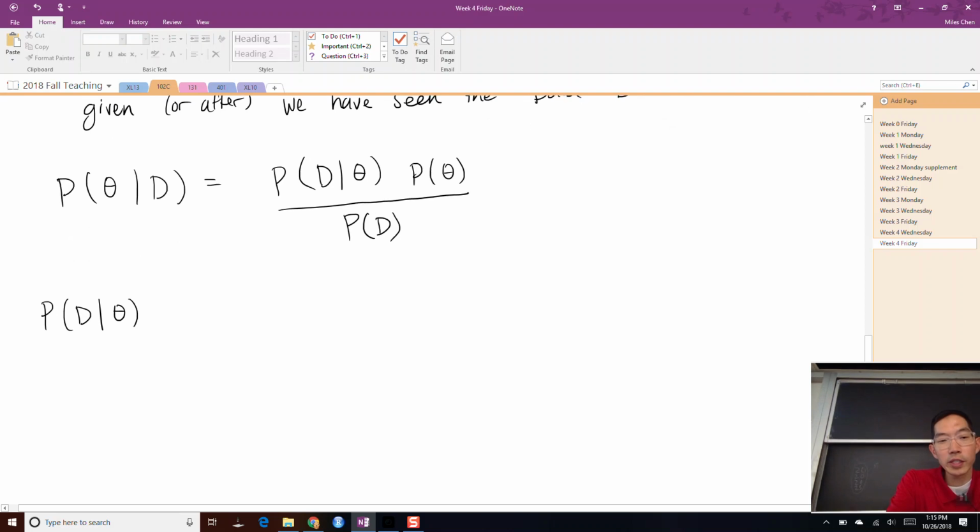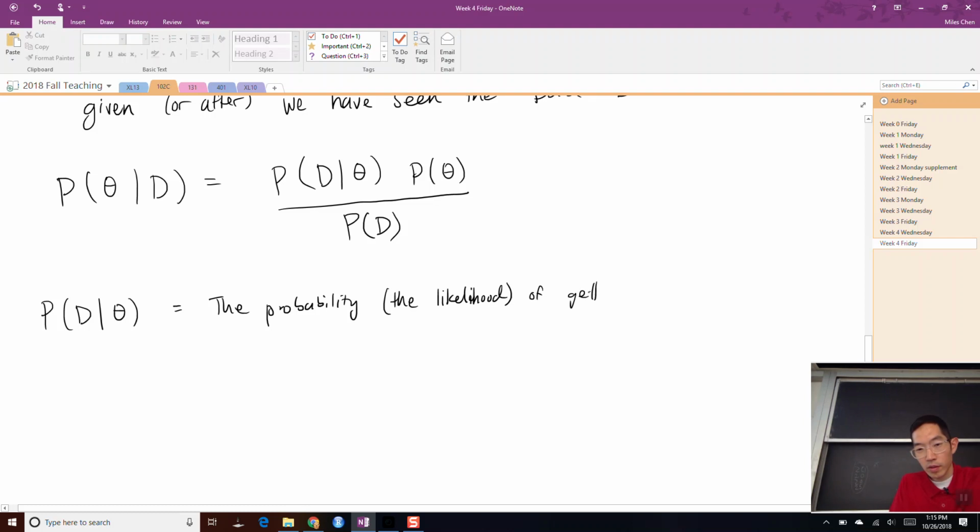Probability of data given theta. This is the probability, or actually probability, but we call it the likelihood of getting our specific data set D, if the parameter value is theta.